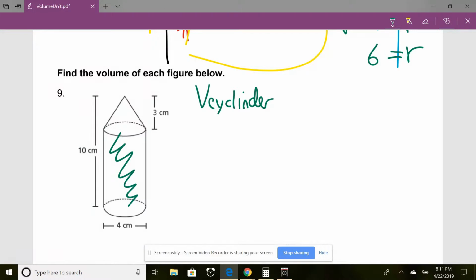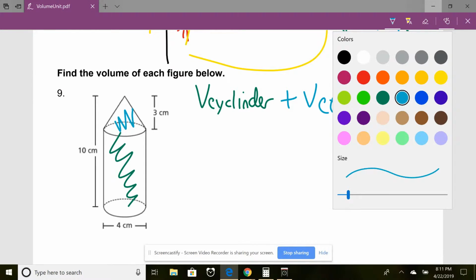Okay. And then we have a cone. So we have to take the volume of the cylinder, add the volume of the cone, right?